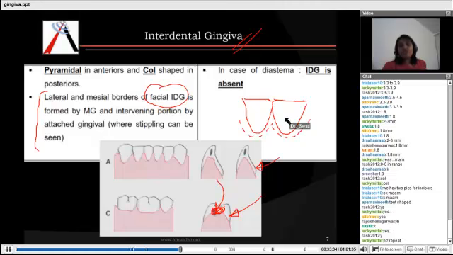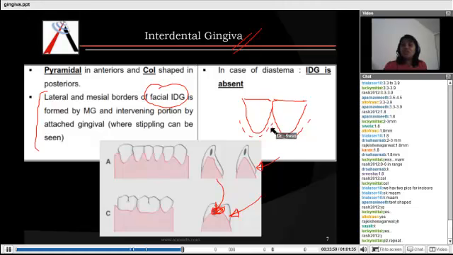So if I talk about stippling, where will you see stippling in interdental gingiva? In the borders or in the center? In the center. Because, Saurabh, in the borders of free gingiva, we will not see stippling there. We will see it in the center, isn't it?